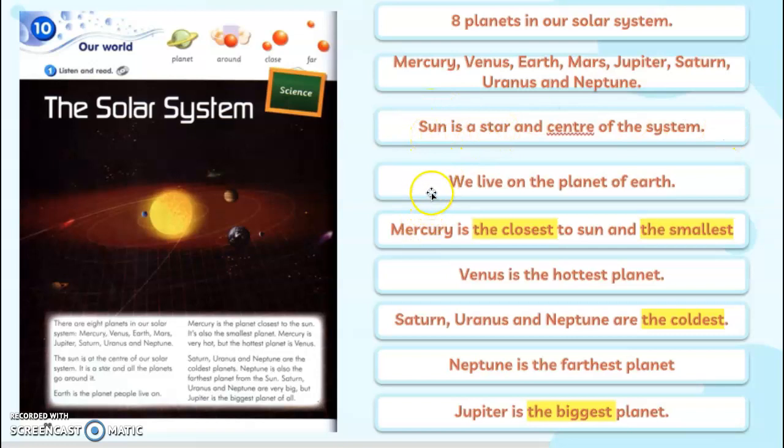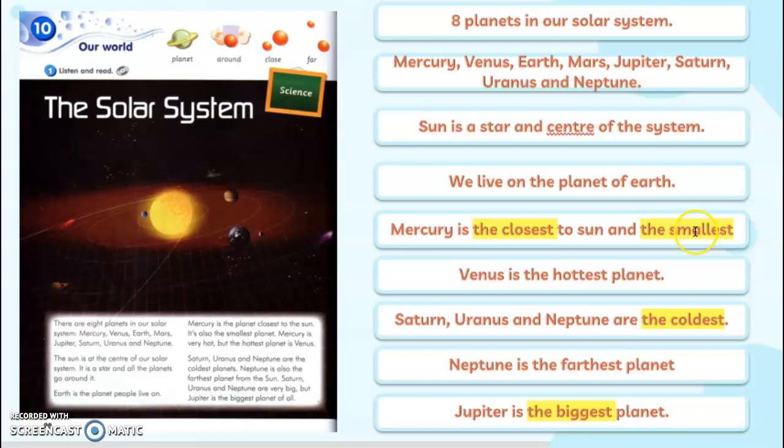Which planet do we live on? We live on the planet of Earth. Mercury is the closest to the Sun and the smallest. It is mentioned first, and it's the smallest planet of all.